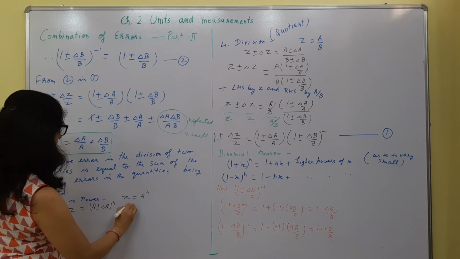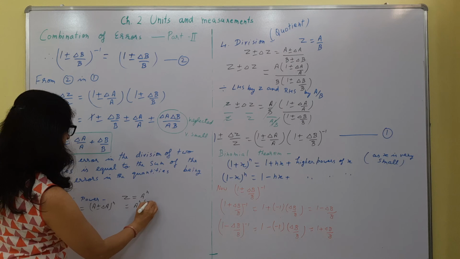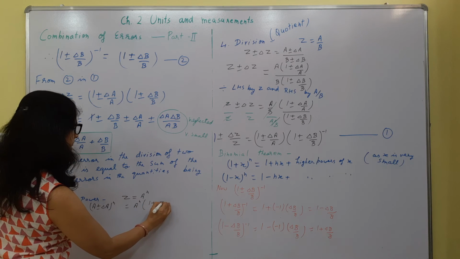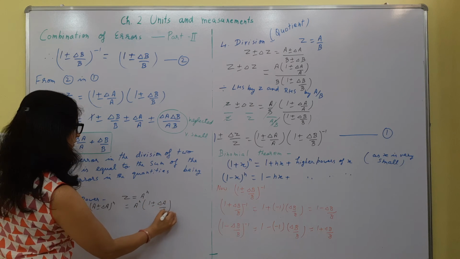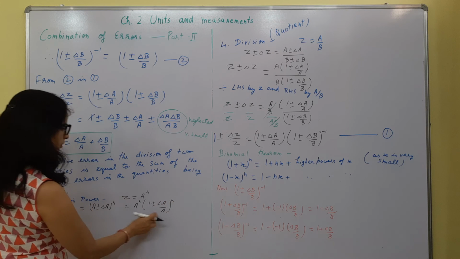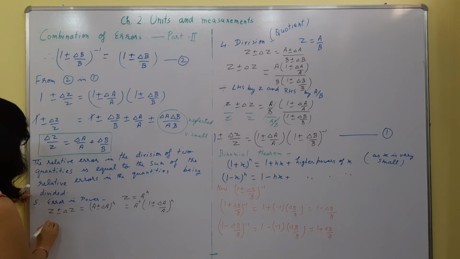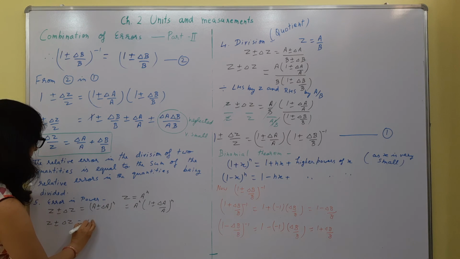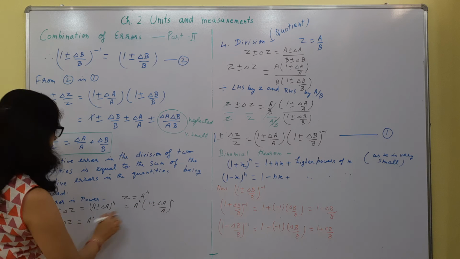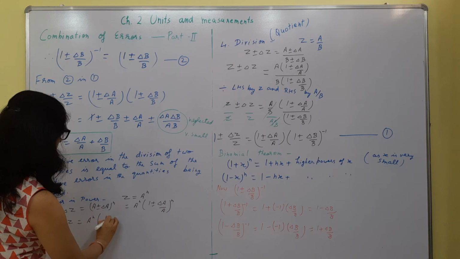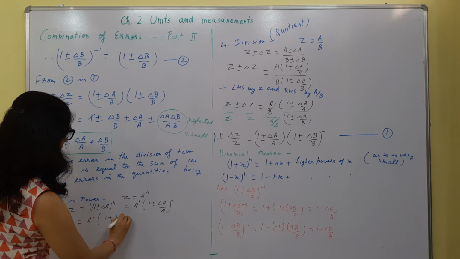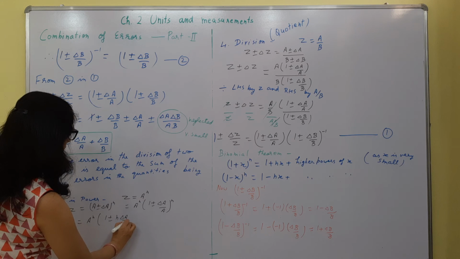So from here I can take common a to the power n. Taking common from such quantities is clear to you, then this is not a problem for you. Now again this can be opened using the binomial theorem since this quantity is small. So this will be 1 ± nΔa/a.